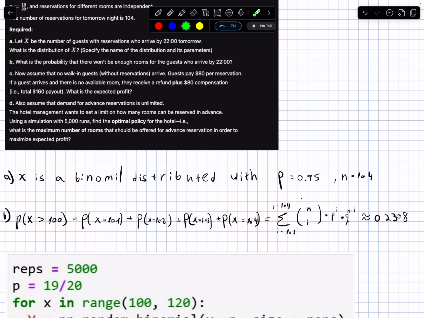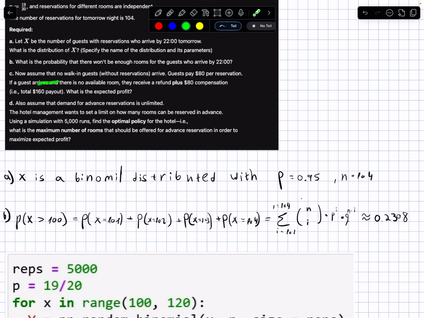And this is around 0.2308. Now they ask us, given that we have a fine if someone arrives and the room is already booked, what is the optimal number of rooms to reserve? Okay, so now we assume that the walk-in guests arrive and guests pay $80 per reservation.